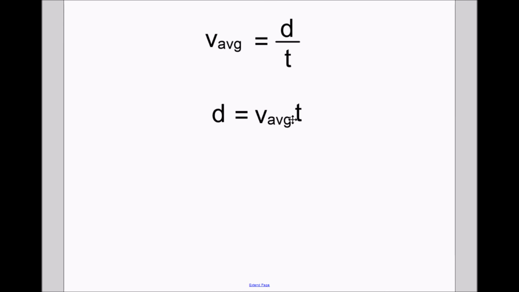If that happens, then you'd just be left with a distance unit, which is what you're solving for in the first place. The other form of this equation would be if you knew the average speed of the object and you knew the distance that the object traveled and you wanted to know how long it took to do that. Well, doing the algebra yields this equation. This basically tells you that the distance divided by the average speed would tell you how much time it takes.